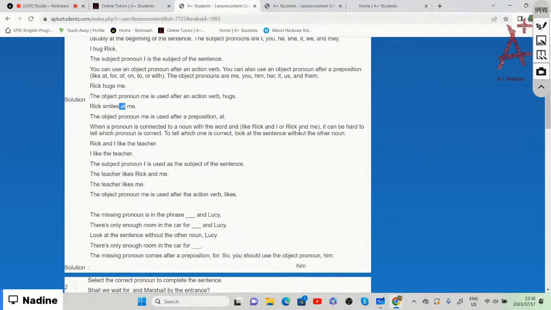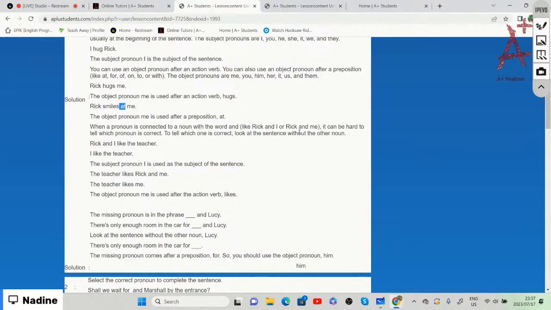And remember, we said that whenever we have a subject like that, right, then you need to see, for example, when you're mentioning the two nouns, if it's at the beginning of a sentence or if it is close to the end of the sentence, either after an action verb or after a preposition. So if the subject, for example, Rick and I, is at the beginning of a sentence, then that is a subject pronoun, right?